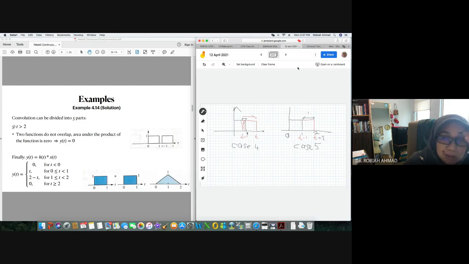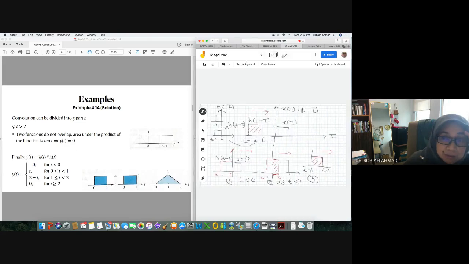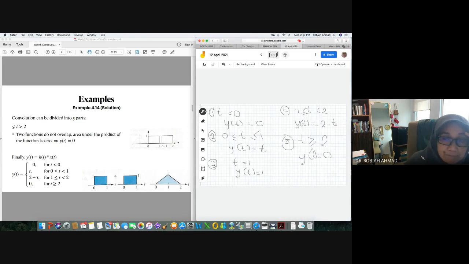Okay, now these are the conditions that we have. Less than 0, kosong. Tapi between 0 to 1, the y is t. So 0 to 1, the t. Until t equal to 1, 1.